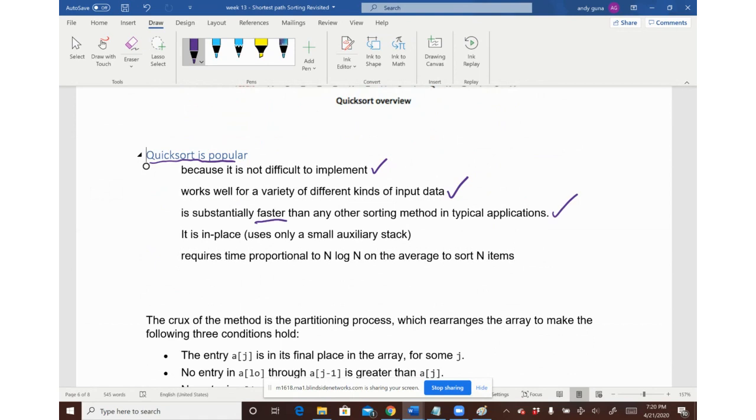In other words, if you have a data set which is randomized, it works really well. And it's in place, meaning that you don't need to use extra memory like the merge sort. And also it runs in n log n time.